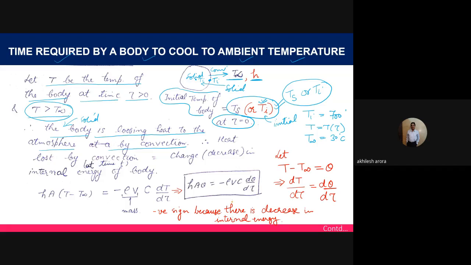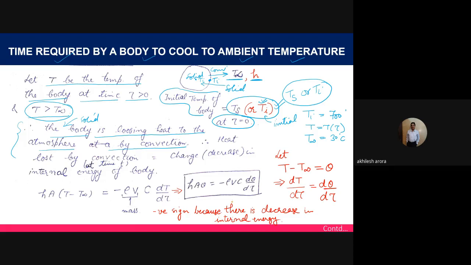This is basically an assumption that I will make you understand later on. That is the only reason we are saying that the body is losing heat to the atmosphere by convection only, and we are not considering any conduction within the solid, because the temperature at the center of the solid and the surface of the solid is the same.